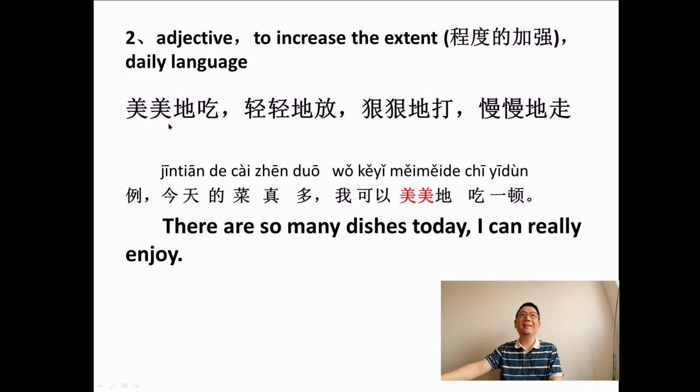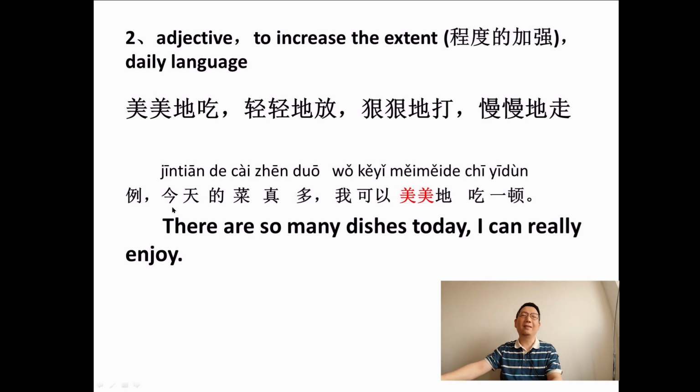And second is adjectives. So we can see this example, 美美的吃. Of course, you can say 吃得很美, but if you have this 叠词 美美的吃, it can increase the extent, and also it's a daily use language, it's very common.